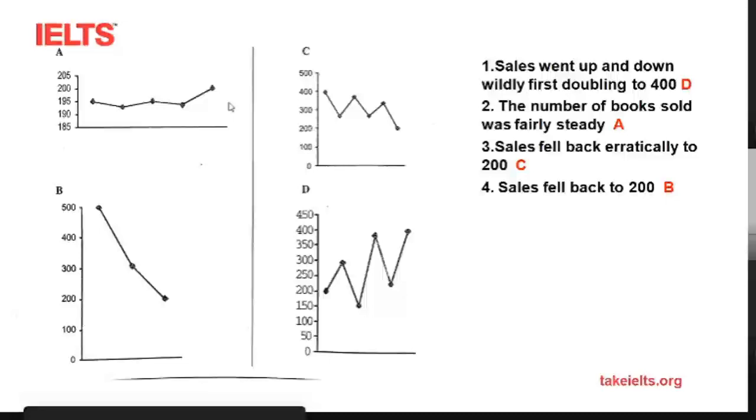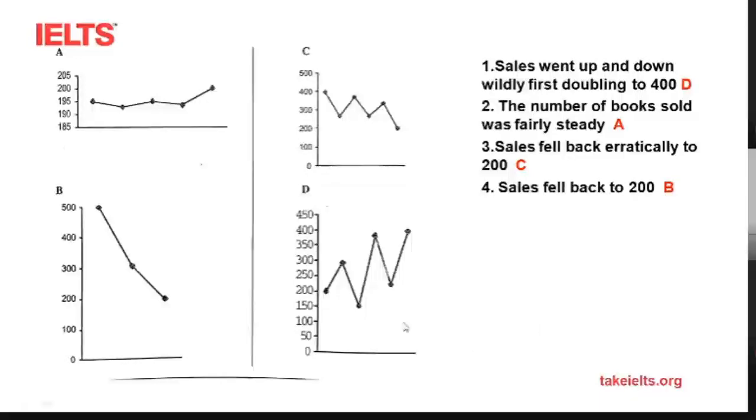Right, and the next one is "sales fell back erratically to 200." So erratically refers to something that doesn't have a proper direction. It goes up again, down again, up quickly, but in short movements.